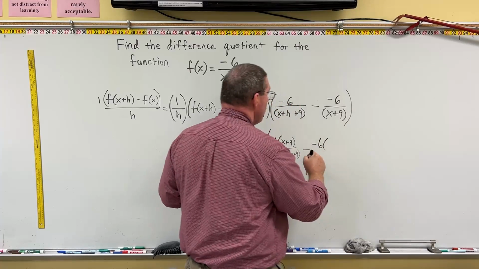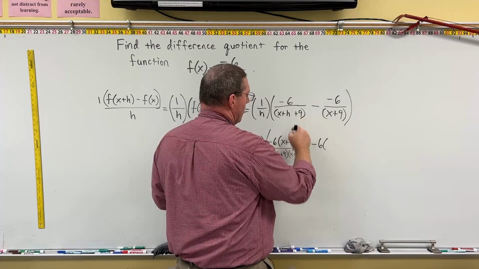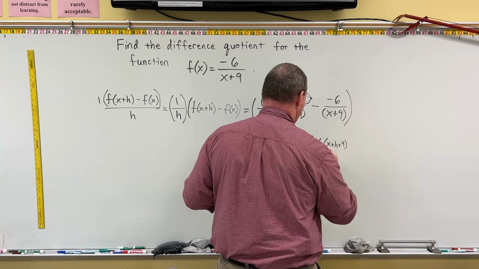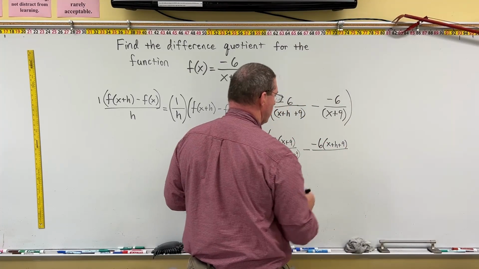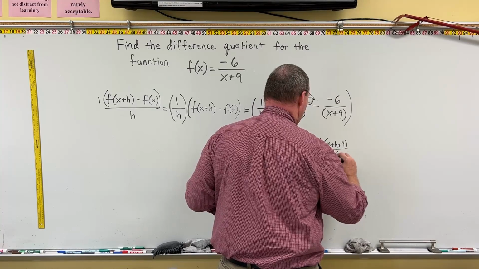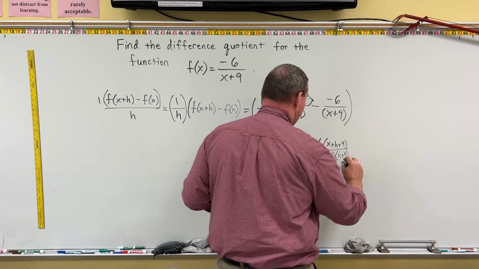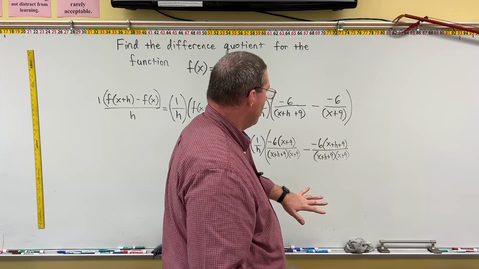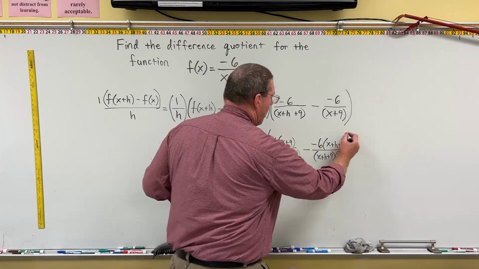Now I'm going to multiply this one by x + h + 9, so (x + h + 9) over (x + h + 9)(x + 9), because I multiply the top and the bottom by x + h + 9. We're doing that so we'll have a common denominator.